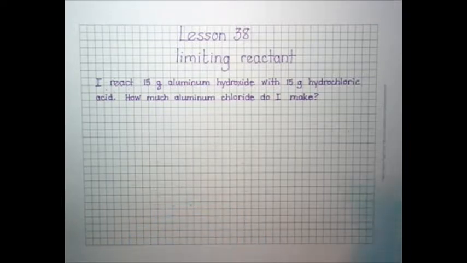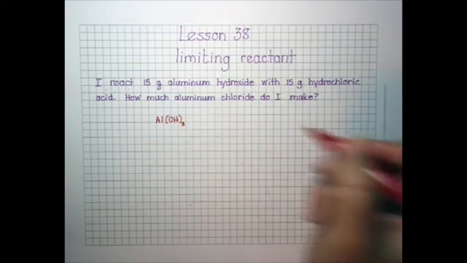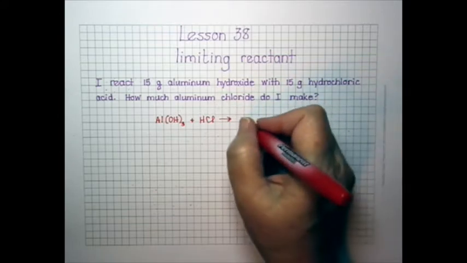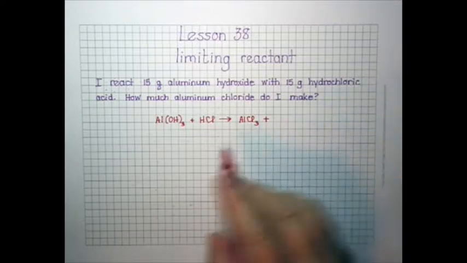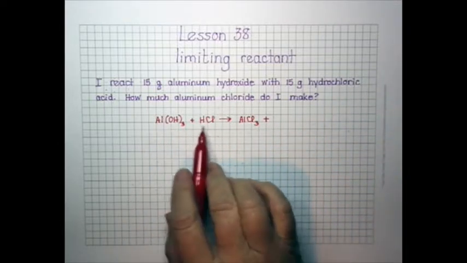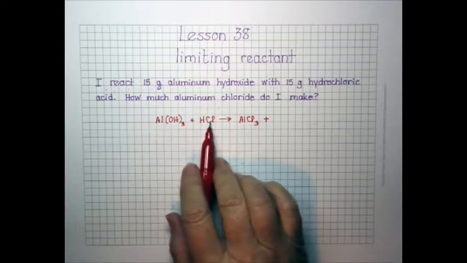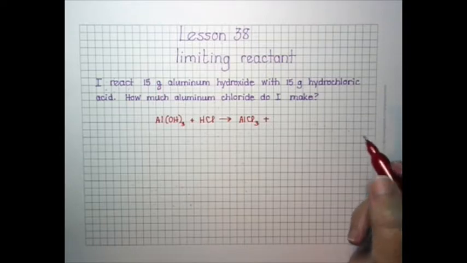We know that we're going to react aluminum hydroxide with hydrochloric acid. We know that one product is going to be aluminum chloride, but they don't tell us what the other product is going to be. Well, this is a double replacement reaction, a compound plus a compound. We've got the aluminum chloride, so now we're going to have the hydrogen hydroxide, which is our old friend, water.